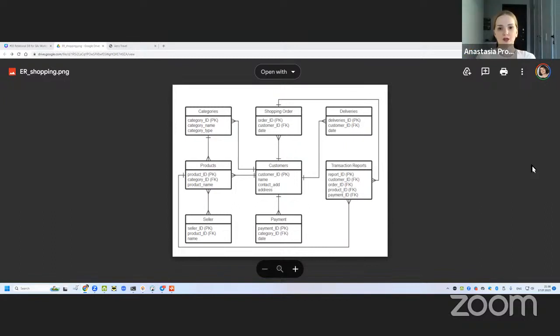So let's check. All those objects should be related to each other with a many-to-many relationship, except report ID, of course. Report ID is about reporting all those things. Customer ID and order ID: is it many-to-many?